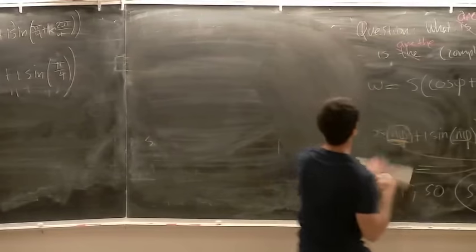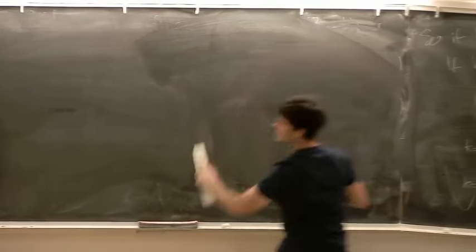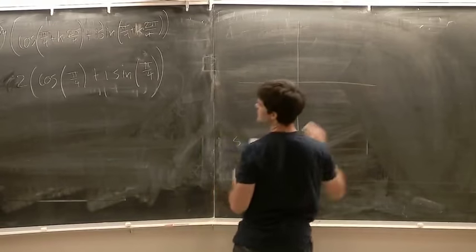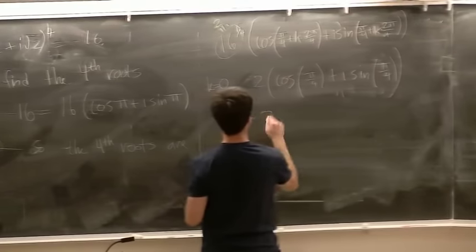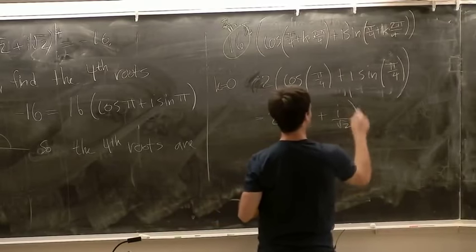And I want to draw these in the plane because there's a neat geometric thing that goes on with the picture here. So this is equal to 2 times 1 over root 2 plus I over root 2.